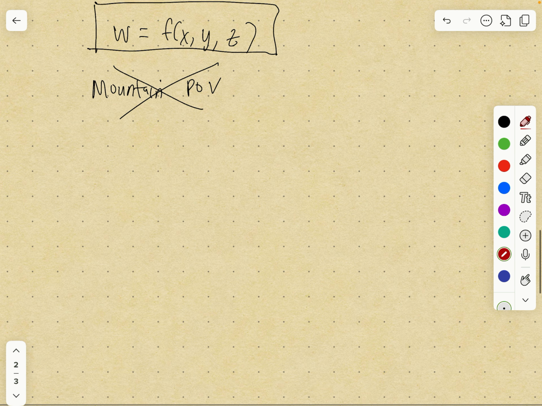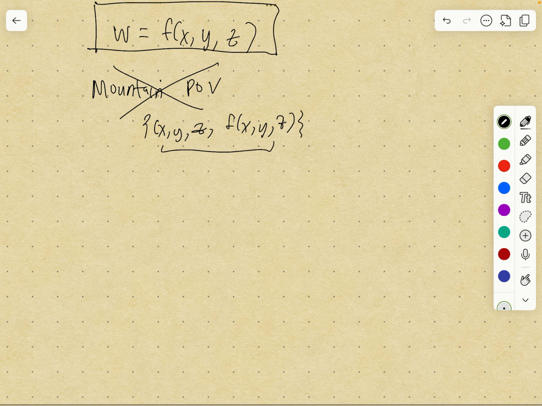But here, if you have a function of 3 variables, your domain is all of R3. So there's no axis to plot the result. If you wanted to use the mountain point of view, you would need x, y, z, and then the output, f of x, y, z.